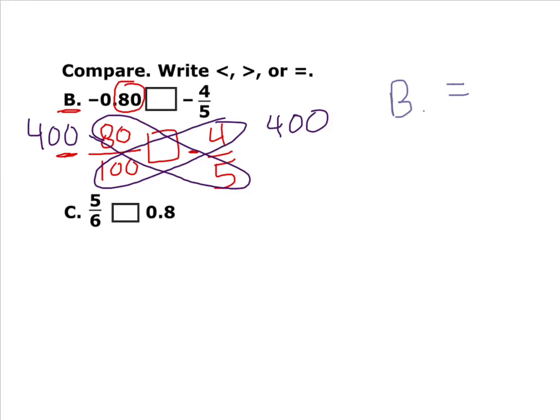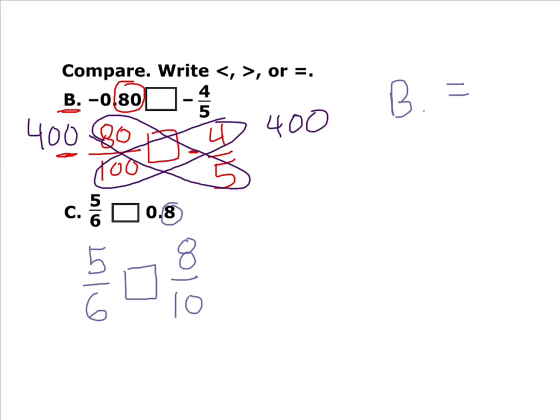Again, letter C is going to be the same thing. I'm going to go ahead and convert these to fractions because I think that's easier. This 8 right here is in the tenths place, so I would simply do 8 over 10.